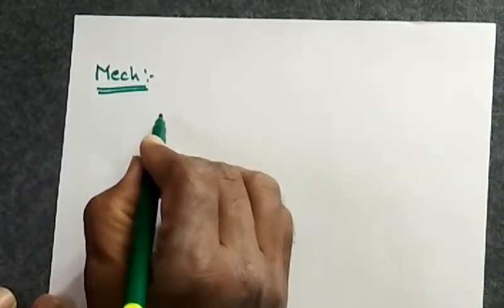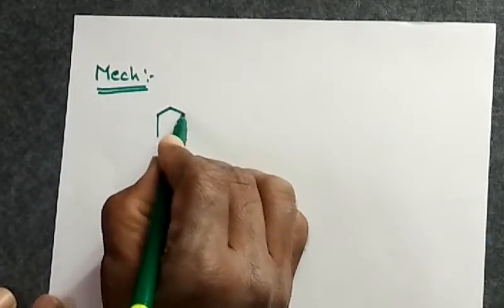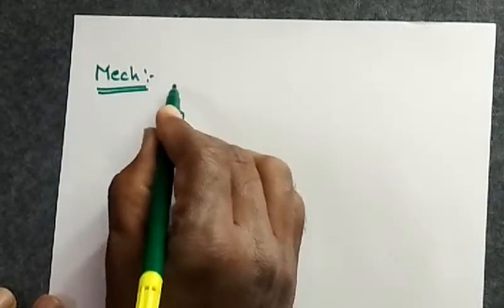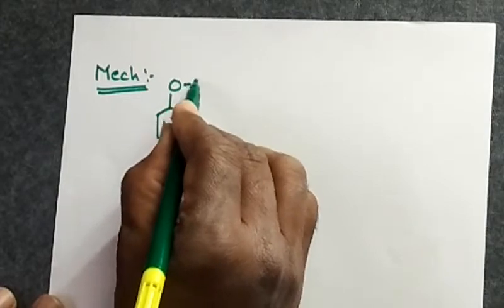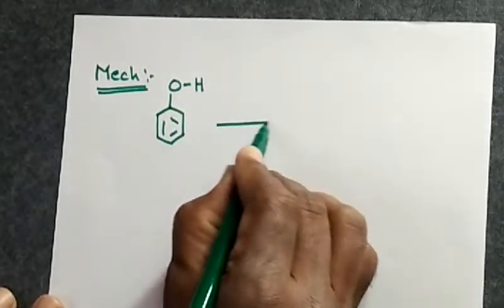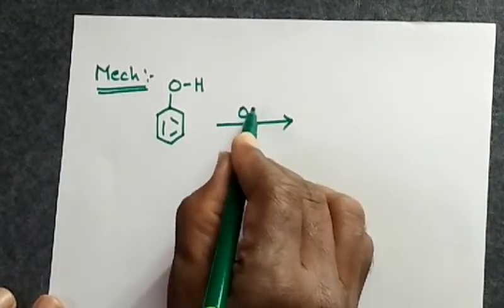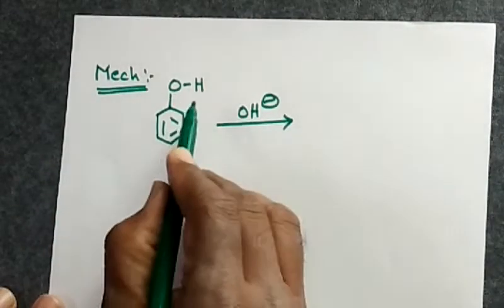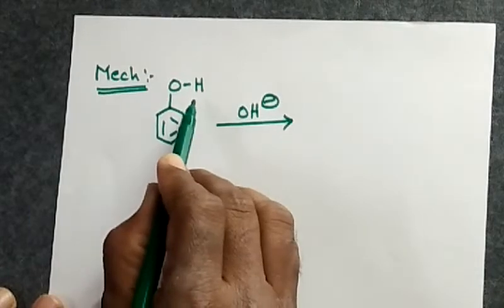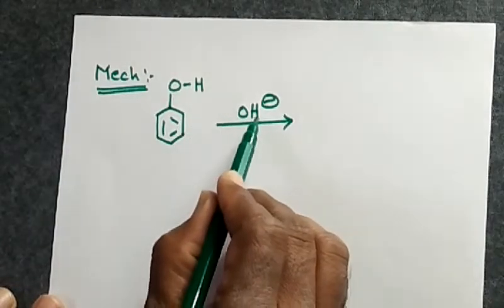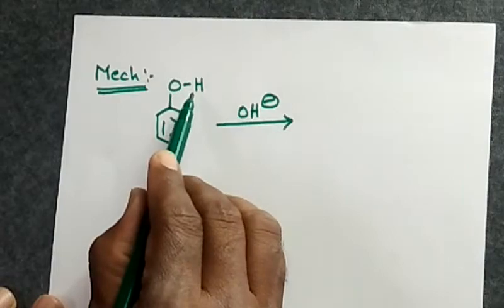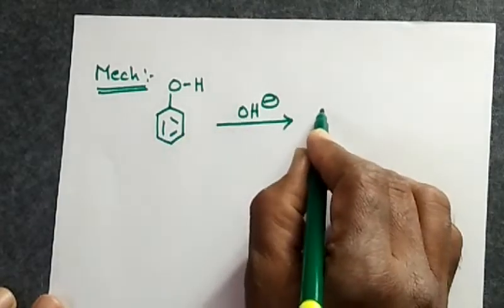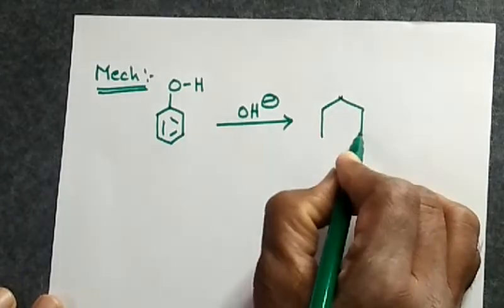First of all, the phenol molecule is subjected to the treatment with a base. Then what happens, because phenol is acidic and whenever it is treated with the base, it loses this proton, so that water is removed out, we are going to have the phenoxide ion.